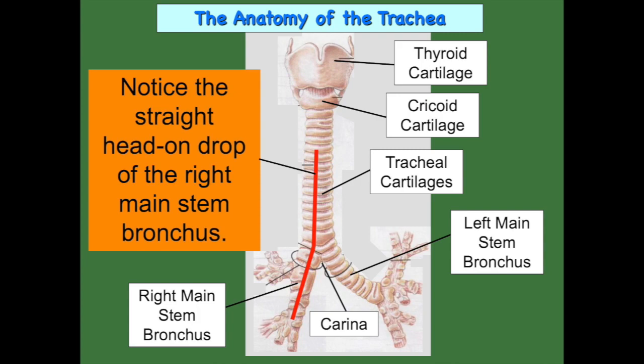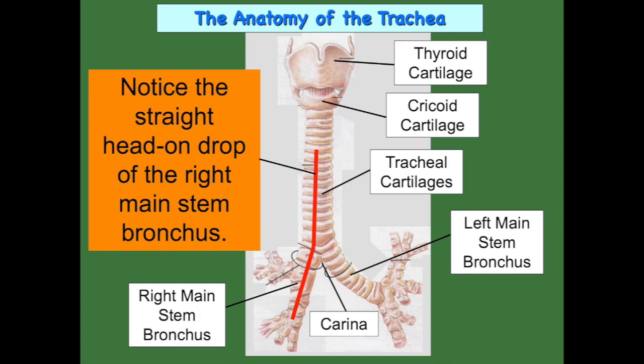I want you to see that on the right side of the trachea, as we go into the split of the main stem bronchi, the split is called the carina, but notice that there is a head-on drop from the trachea down to the right main stem bronchus.